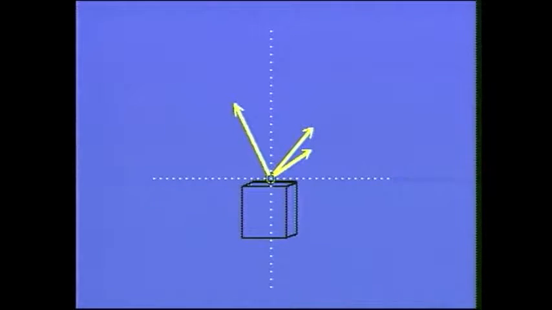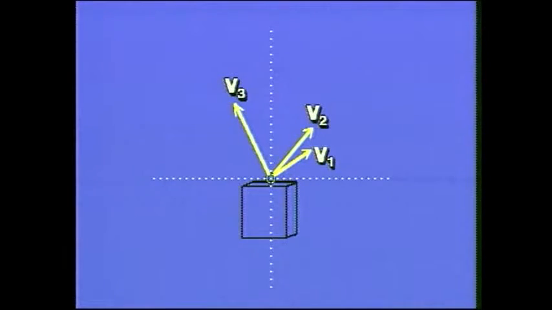Now notice that the angles involved in the coordinate system correspond to the angles that were given in the problem, 30 degrees, 45 degrees, and 120 degrees. And the lengths of the arrows correspond to the magnitudes. Well, let's label these V sub 1, V sub 2, and V sub 3 for our three vectors.